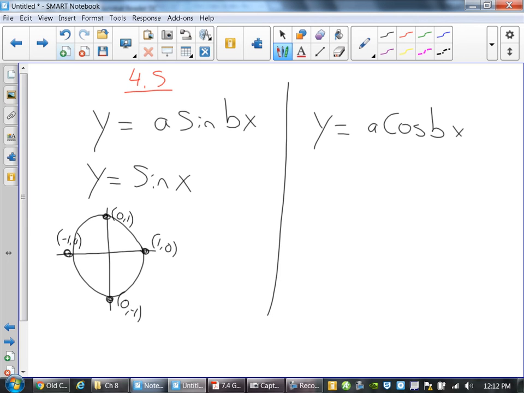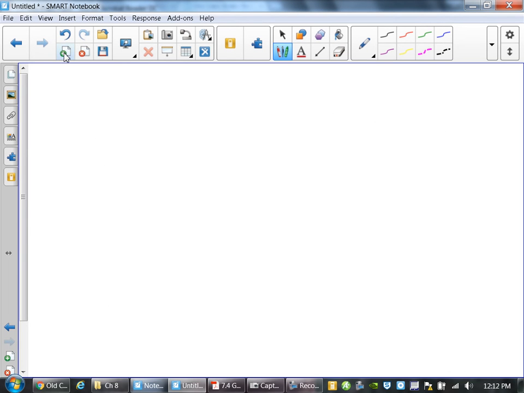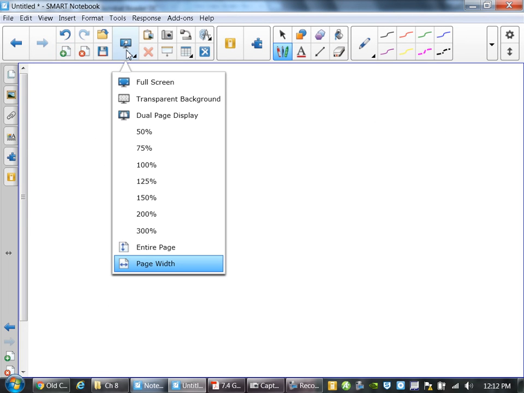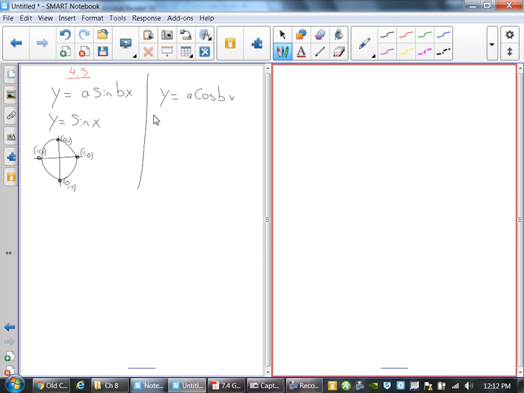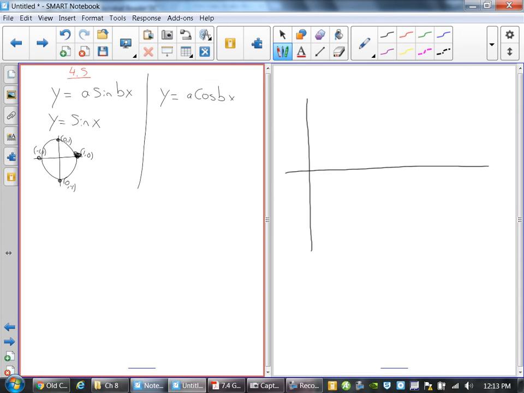So what we do then is we look at the graph of sine. When you're looking at sine value in terms of the y's here, it starts at 0, it goes to 1, goes back to 0, goes to -1, and then goes back to 0.